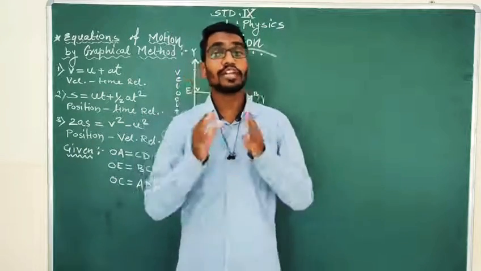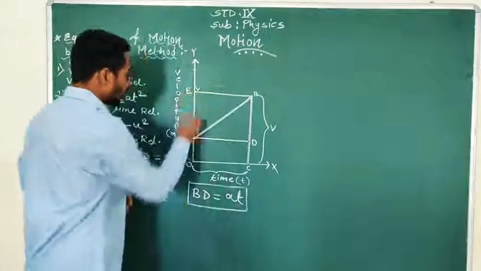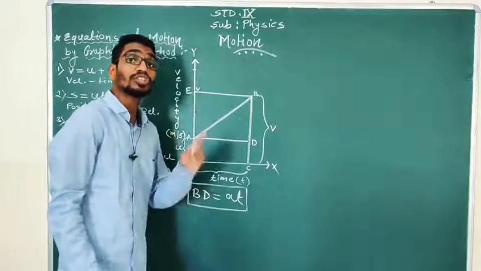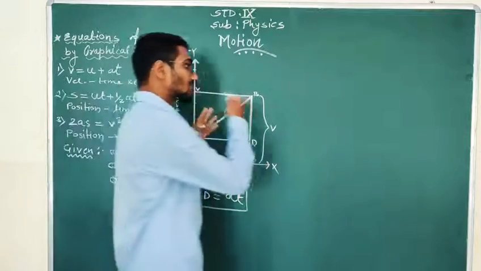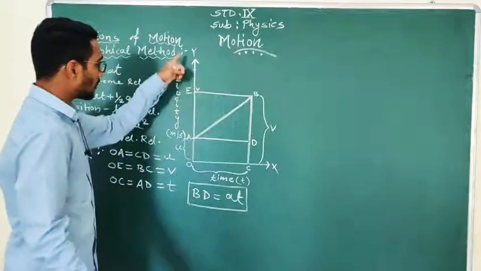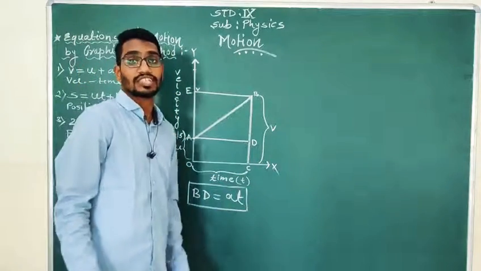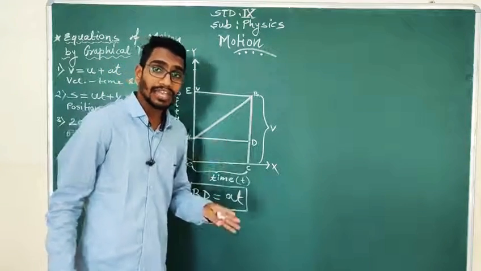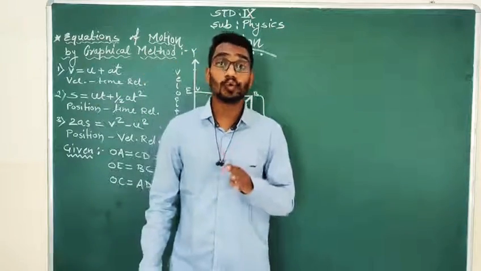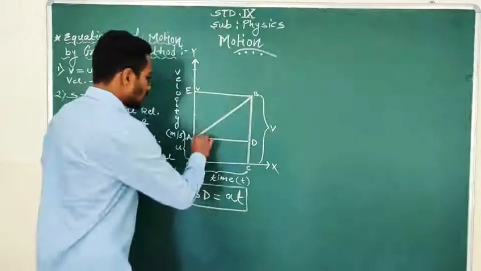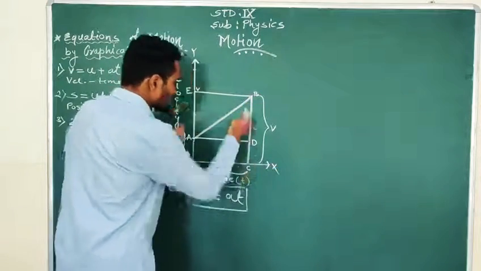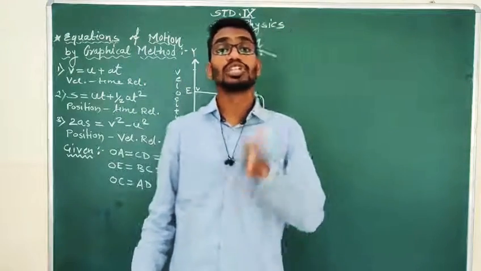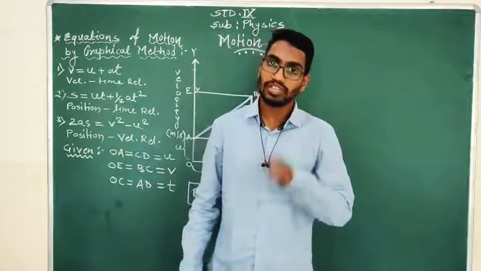In that particular graph I told you if velocity and time is given on y and x axis respectively, you can find out the displacement. मैंने आपको पूरा एक सेंटेंस लिख के दिया है that if the velocity and time is given on y and x axis respectively, you can calculate the displacement by calculating the area of shaded portion enclosed between velocity time graph and x axis within the given time interval. ये मैंने आपको ग्राफिकल रिप्रेजेंटेशन ऑफ मोशन के सेकंड ग्राफ में पढ़ाया था. Okay, so that we have to use.